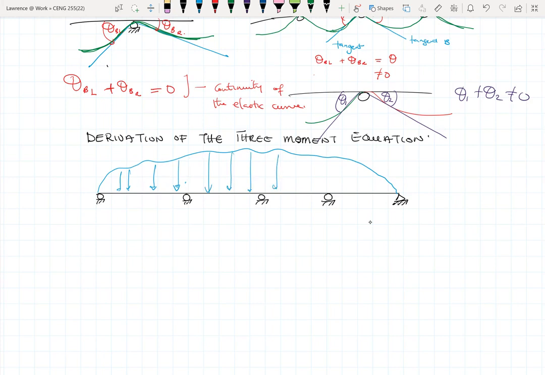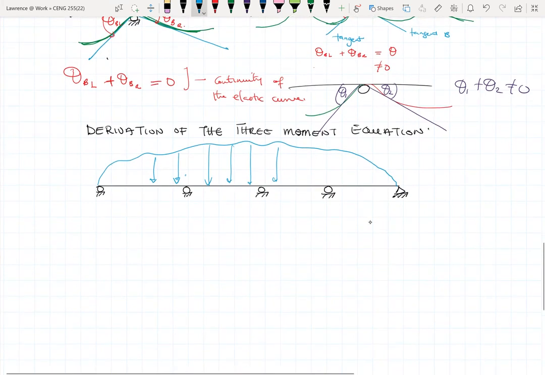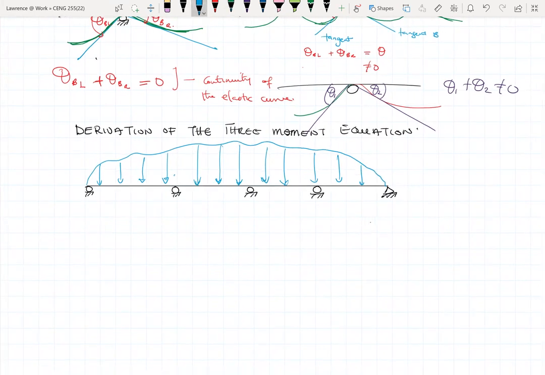I don't want to write all this plenty. So we go down here. Then let's say this is W, W of x, or W. Then we have some point loads also somewhere in between.